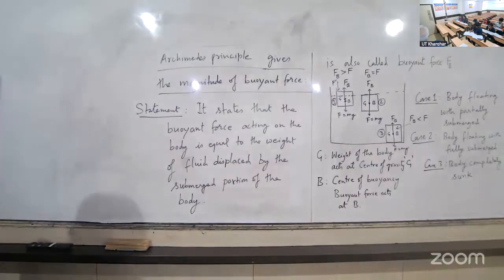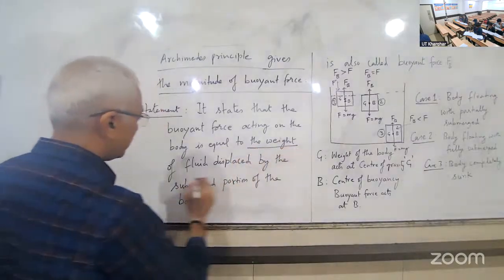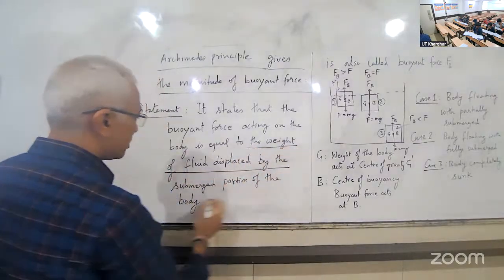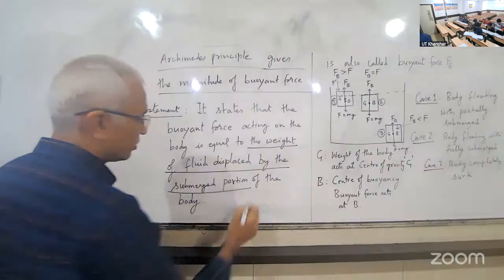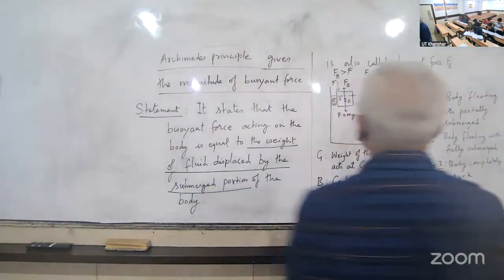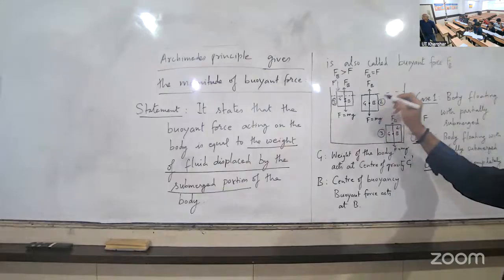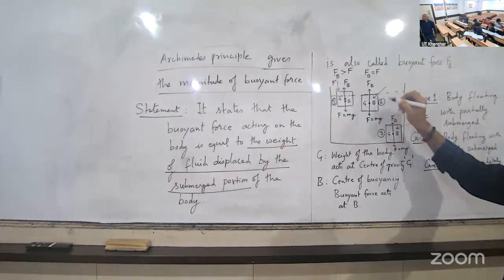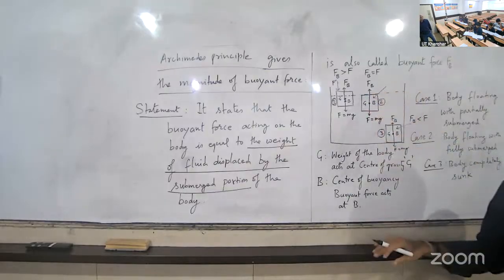So what is the buoyant force? It is equal to the weight of fluid displaced by the submerged portion of the body. ठीक है? यानी इस केस में how much volume of liquid it has displaced?